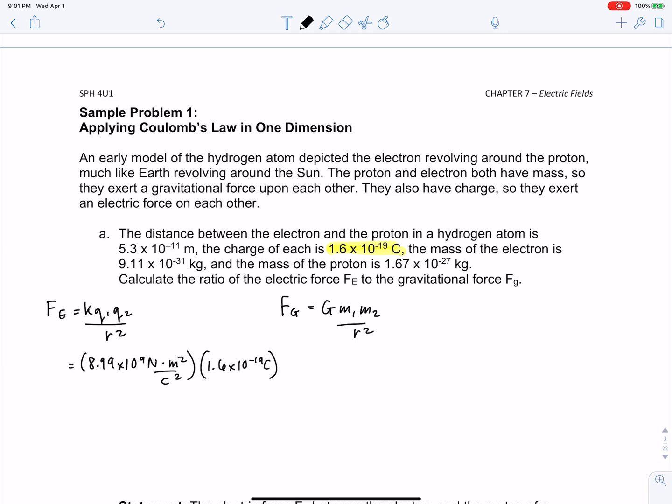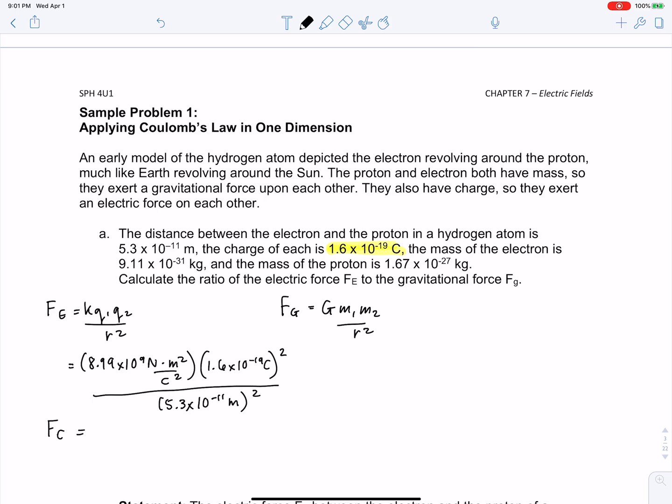And the charge Q2 is the charge on the proton, and it too is 1.6 times 10 to the power of negative 19 coulombs. Instead of writing it twice, I'm just going to put squared on top. We'll divide this by the distance between the electron and the proton, and that is 5.3 times 10 to the power of negative 11 meters, and that will be squared.